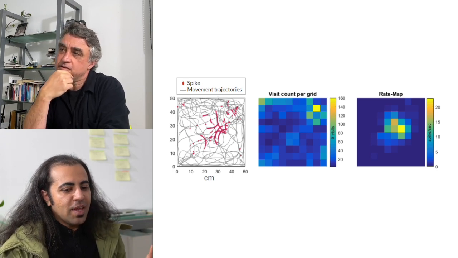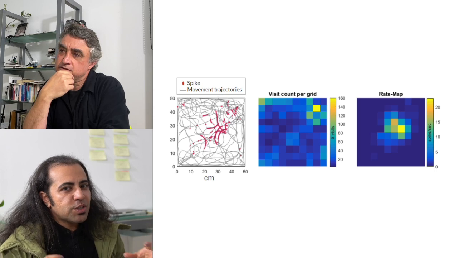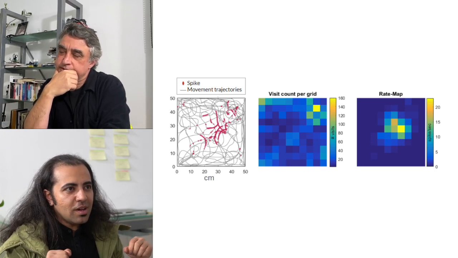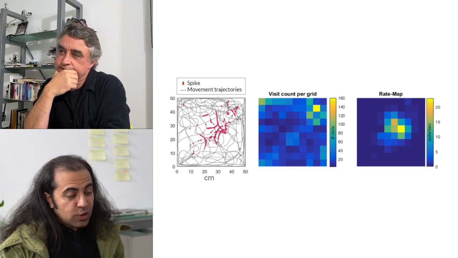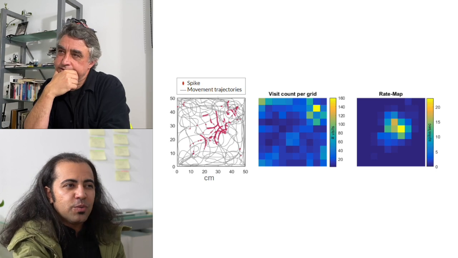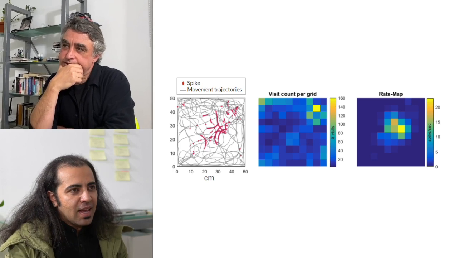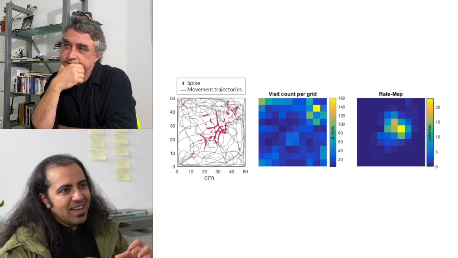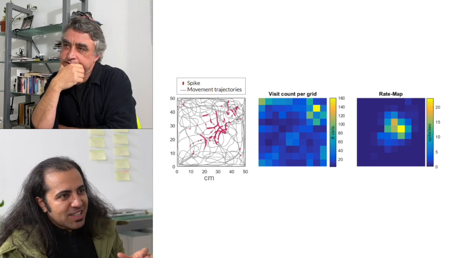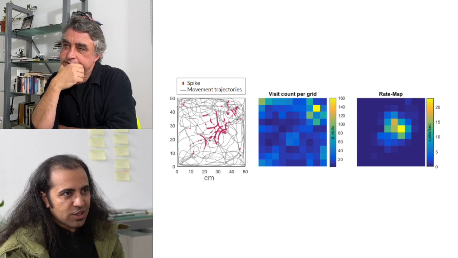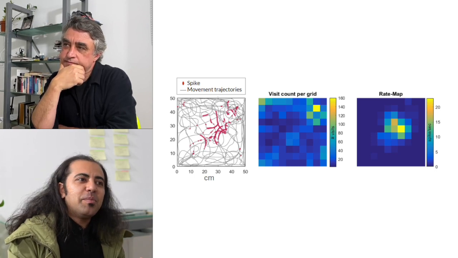So there are some cells which start becoming more sensitive to the borders, let's say the walls, to the objects, or to directions which lead the animal to a food reward. Yeah. So this is your environment, your interaction with the world, which is making the random setup of this population of cells form a map. Yeah.